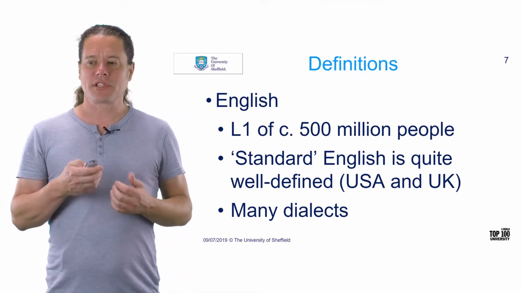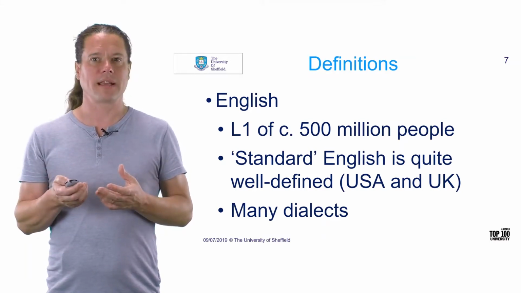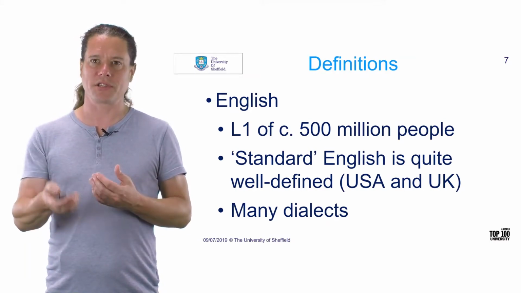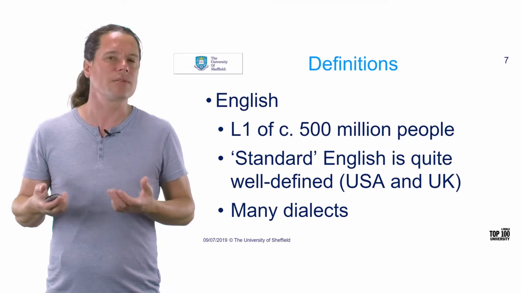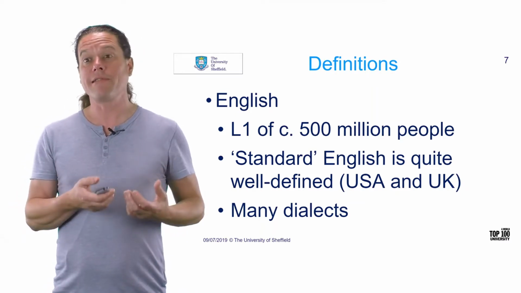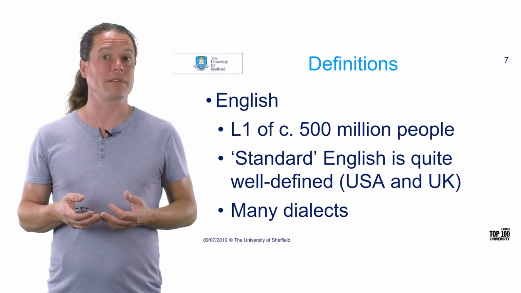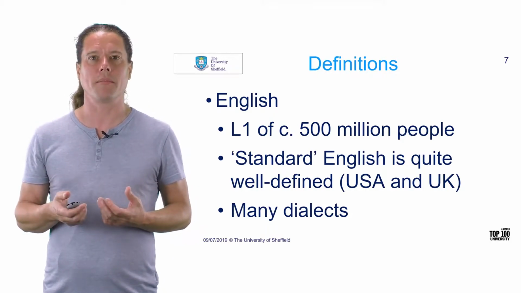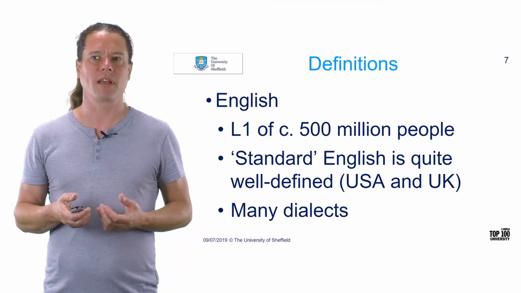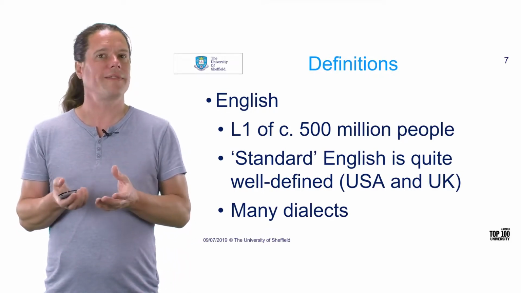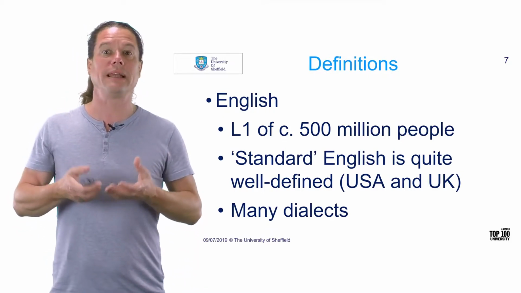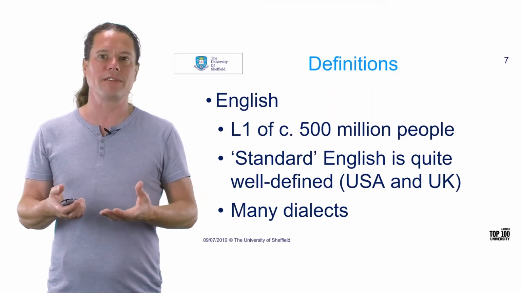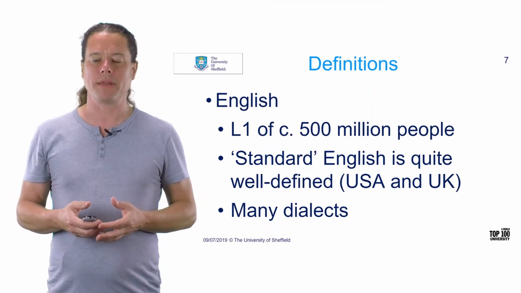English has standard forms, it has standard varieties. So there's a standard British version, which is more or less what I'm speaking. There's a standard American version, which is not that different. There's a few pronunciation differences, a few grammar and vocabulary differences. Those standards are fairly well defined by linguists, by people who write dictionaries, or by people who study languages.